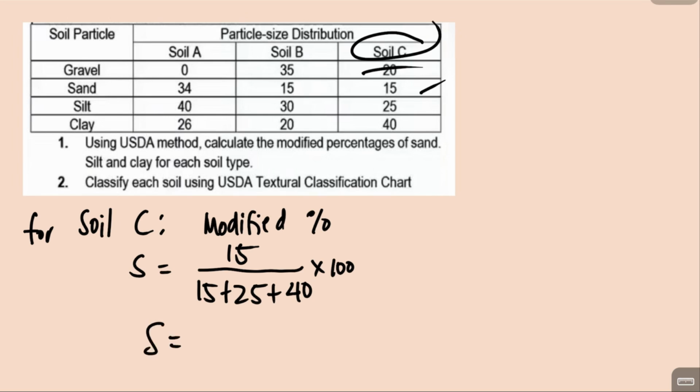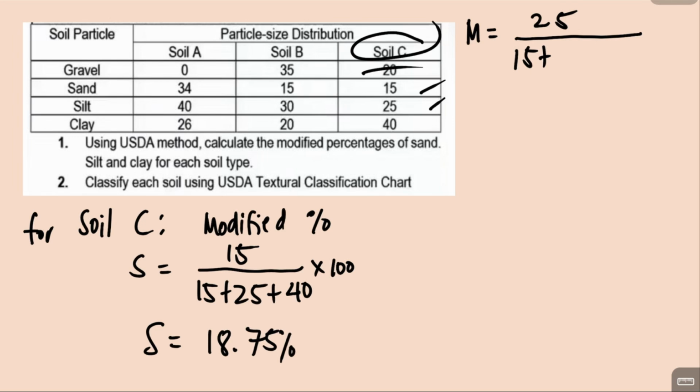Sand modified percentage will now be equal to 18.75%. Moving on to silt, 25 all over 15 plus 25 plus 40 times 100%.